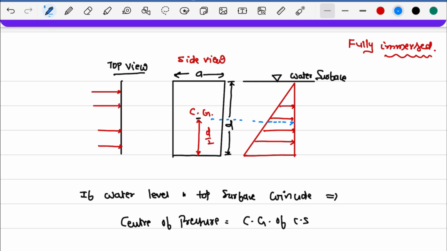This pressure is to be multiplied by the cross-sectional area because the net pressure acts at the center of gravity of the surface.